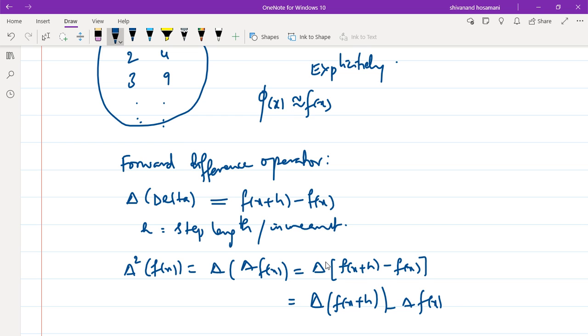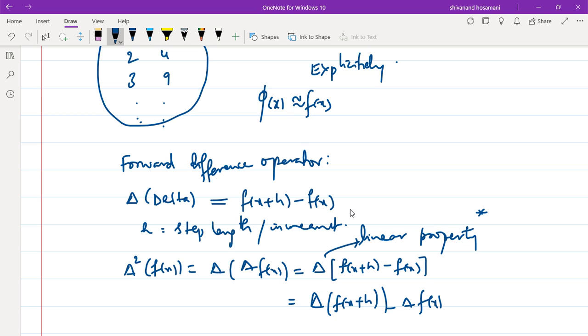This property of delta is called the linear property. So we need to prove that delta is distributive over addition or subtraction. We need to prove that the forward difference operator is linear.